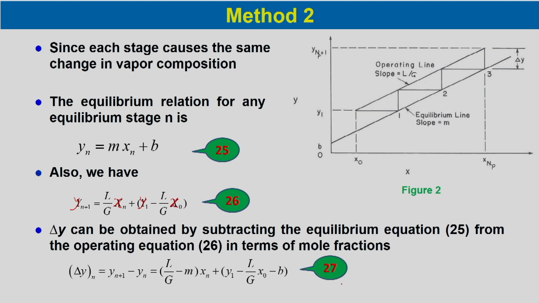So, delta y n would be equal to y n plus 1 minus y n, which is equal to L by G minus m into x n plus y 1 minus L by G x naught minus b.